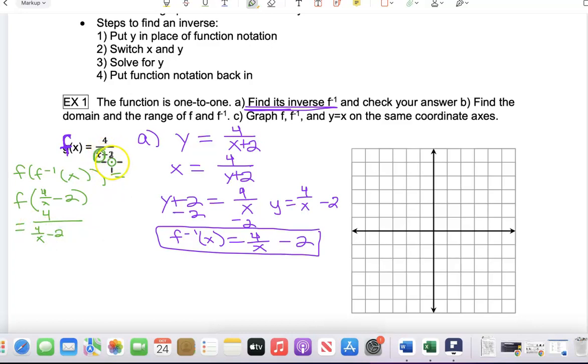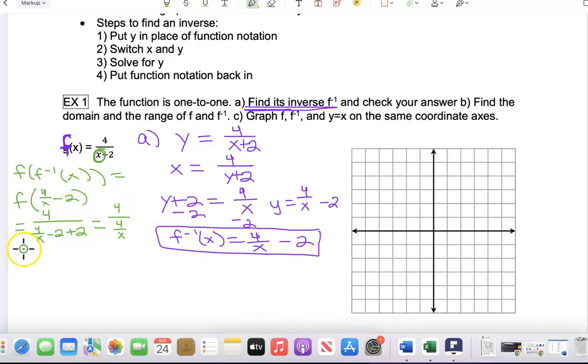And then don't forget this plus 2 that was on the end. Now I'm going to simplify, and in the denominator I've got negative 2 plus 2, which is 0. So I've got 4 over 4 divided by x.